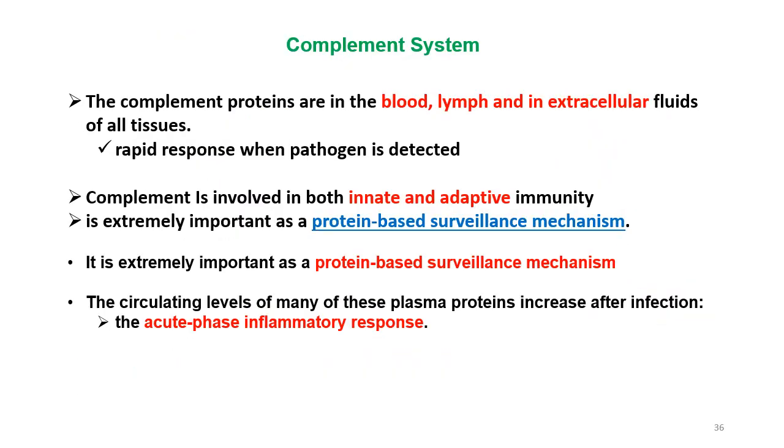Where are you going to find your complement system? In the blood. You're going to find it in the lymph, and in the fluid that is bathing your organs, like your extracellular fluids. You're not going to find it in your intestines, which is actually a very, very good thing. Because as you're going to see with these complement proteins, they tend to just bind to cell membranes.